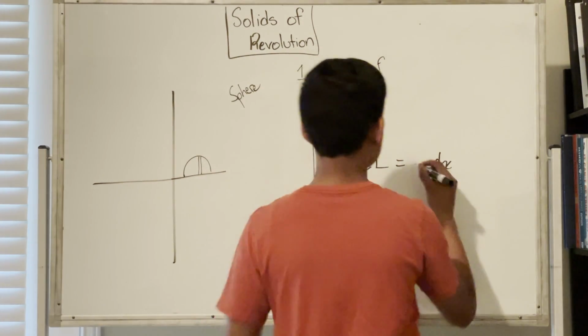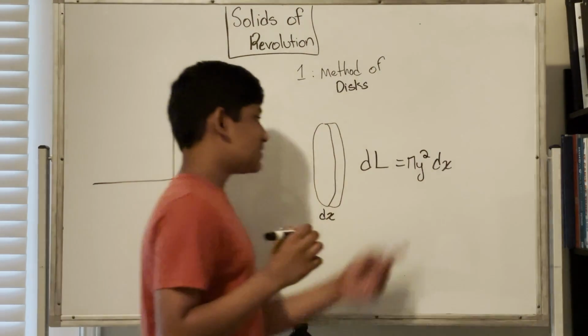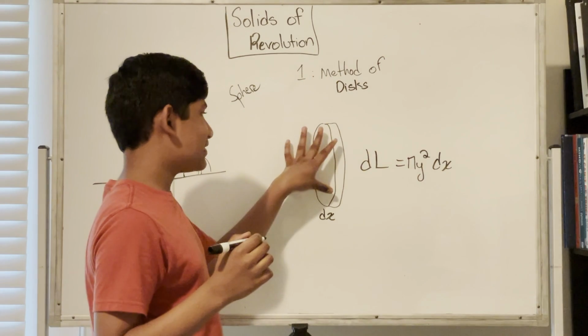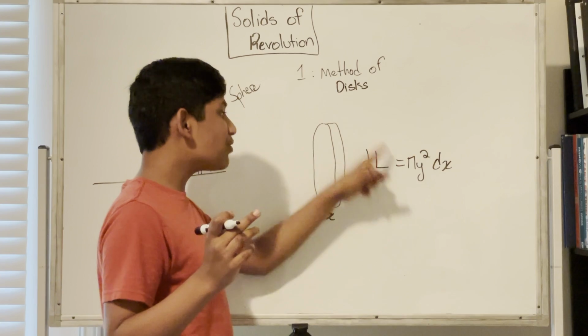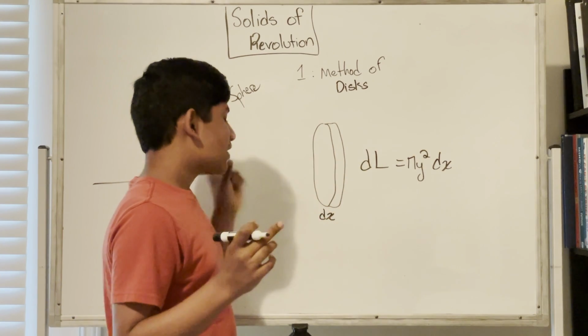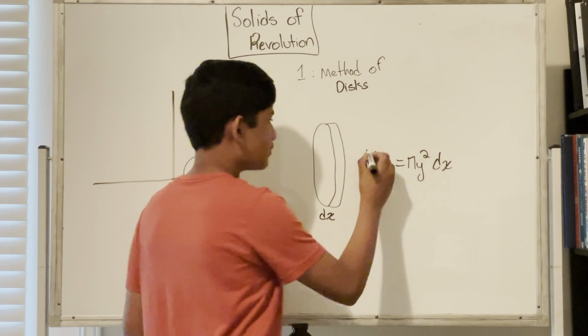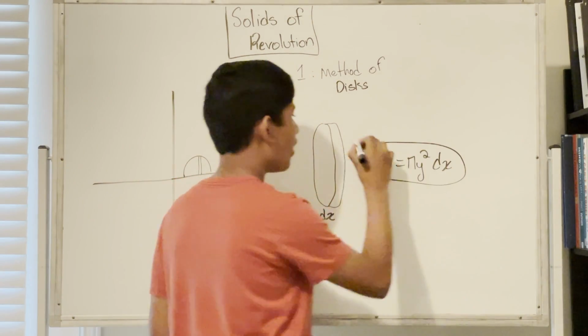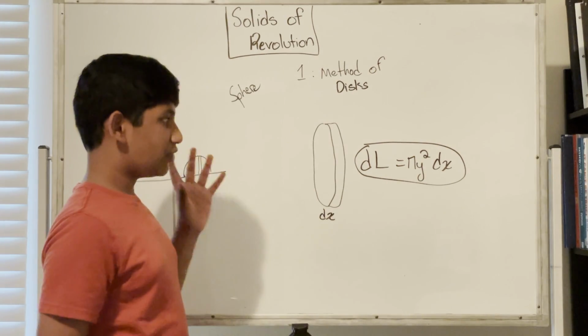So we're going to call this pi y squared. Notice that dx is the width, then pi y squared is essentially this circle, the area. So we're going to multiply that to get the volume of this vertical disc. Okay, so this is just one of the rectangles in the semicircle over here.